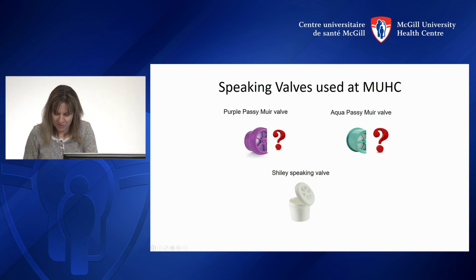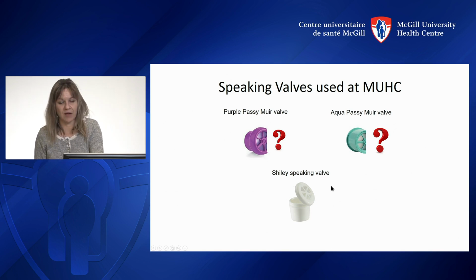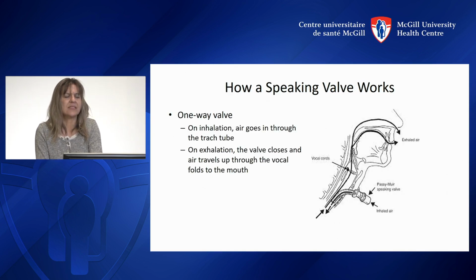So the ones that you will be seeing mostly are the white Shiley speaking valves that you can see here at the bottom. I included all 3 of them because we still have some supply, and they are very specific and particular. So for now, you might see all 3 of them, but the one valve that you will see the most is the Shiley white speaking valve. So how does the speaking valve work?